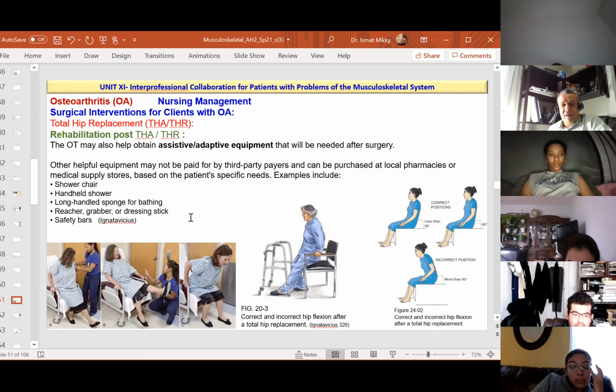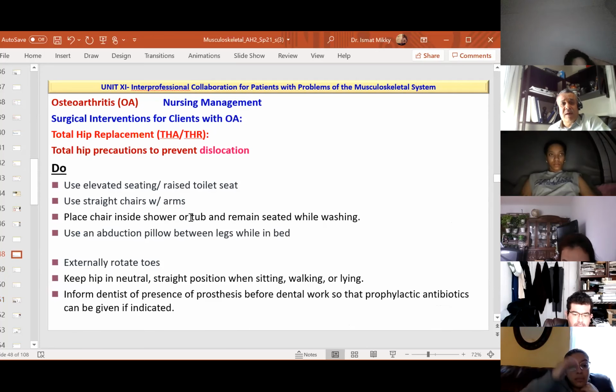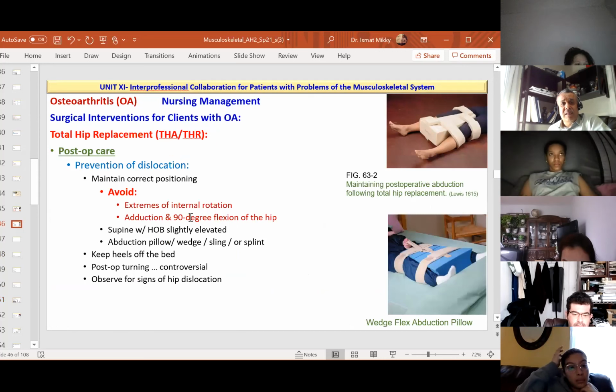Heels should be off the bed because that will prevent ulceration of the heels. And we have to keep an eye on any signs of hip dislocation.